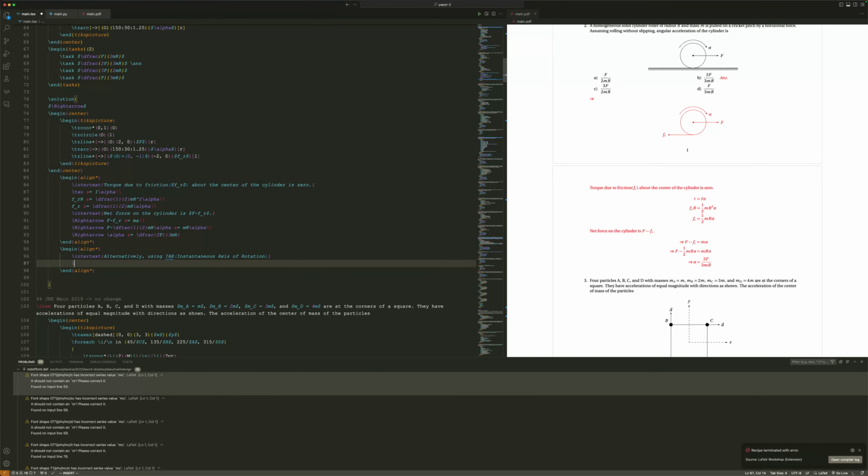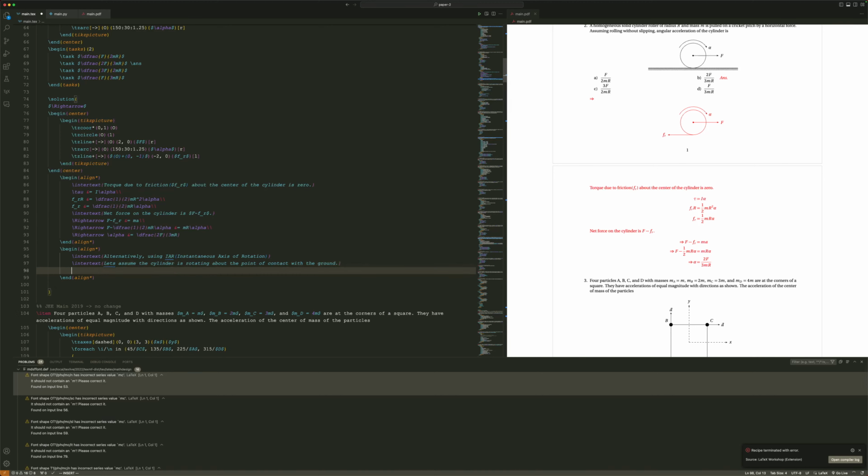So, instantaneous axis of rotation, and we have to use another line. Yes, enter text. Then we can apply torque tau is equal to I alpha.